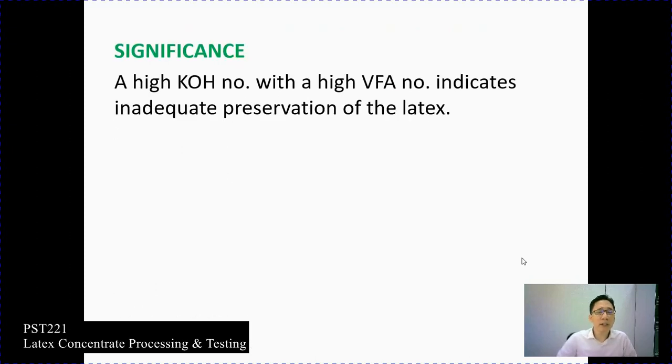Okay, the significance of KOH determination: a high KOH number with a high VFA number indicates inadequate preservation of the latex. Usually the KOH and VFA numbers indicate the stability of latex. If both of these numbers are very high, you might want to discard your latex.